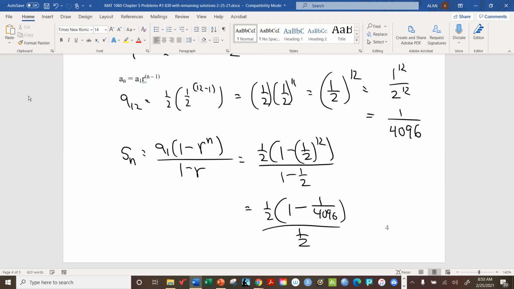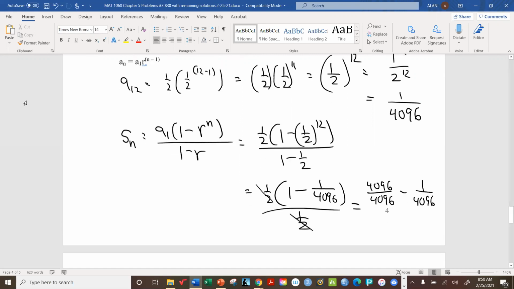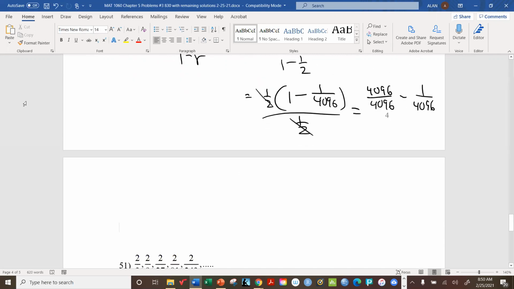Now you notice these halves cancel each other out. So here we have 1 minus 1 over 4096. Let's rewrite this as 4096 over 4096 minus 1 over 4096. And so we end up with a very interesting result, 4095 over 4096.